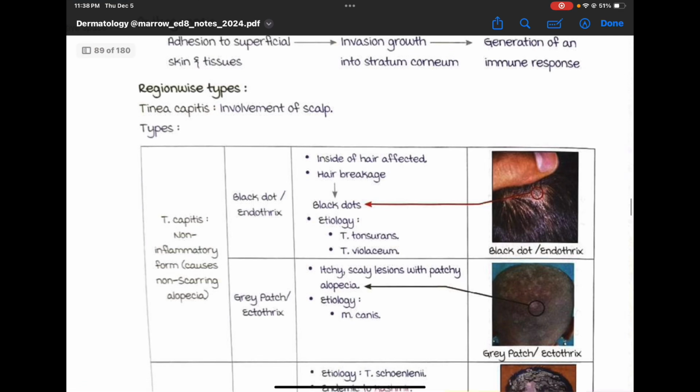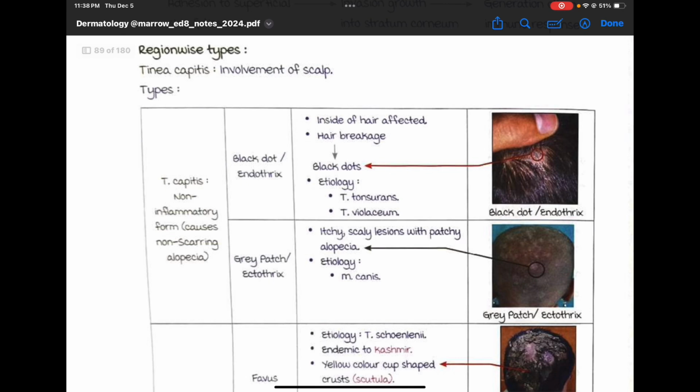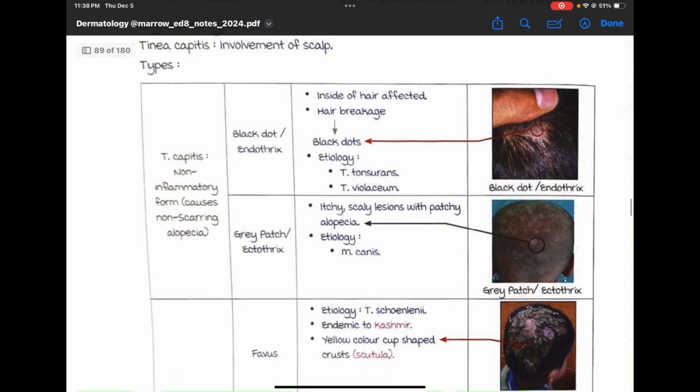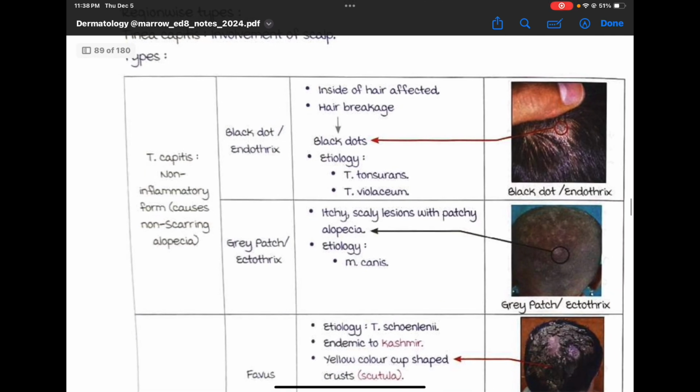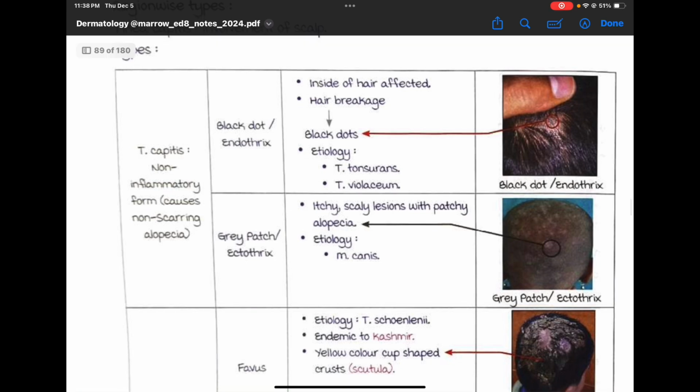Region-wise types: tinea capitis, involvement of scalp. Tinea capitis, non-inflammatory form, causes non-scarring alopecia. Black dot endothrix, grey patch ectothrix. Inside of hair affected, hair breakage, black dots.